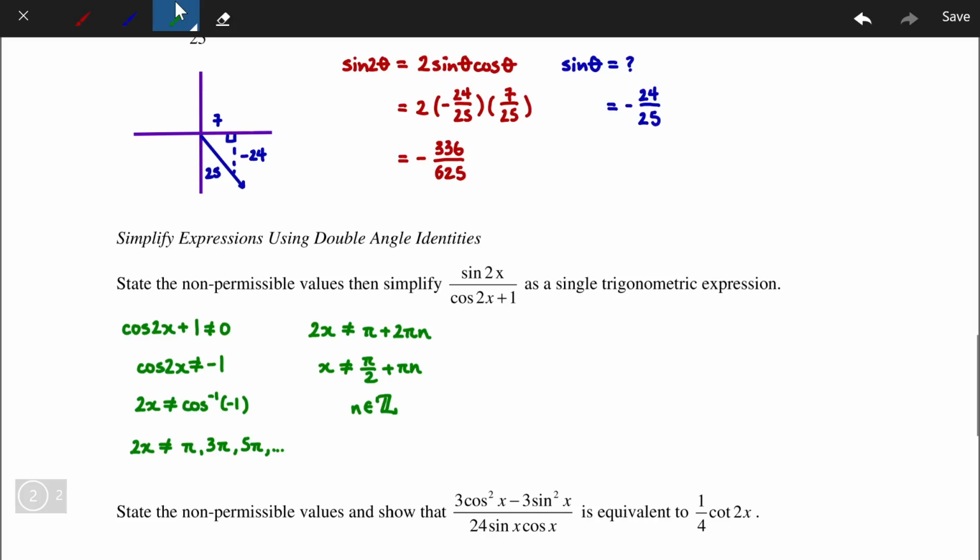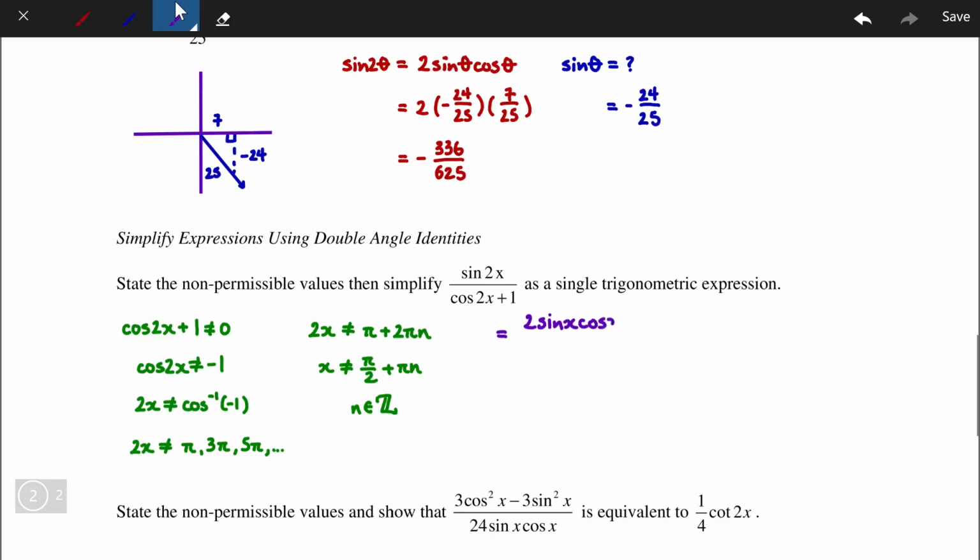So that's the first part. The second part is to simplify the expression. So in this case, we are going to use the double angle identity for both sine and cosine to expand the expression. And so in the numerator, we're going to have 2 sine x cosine x.